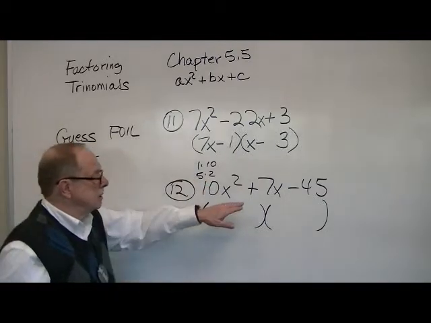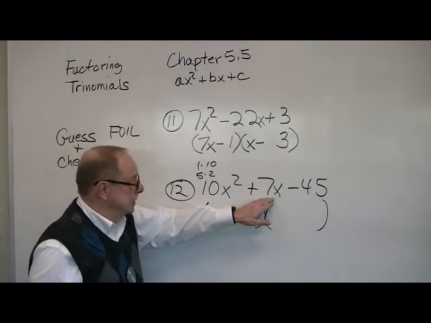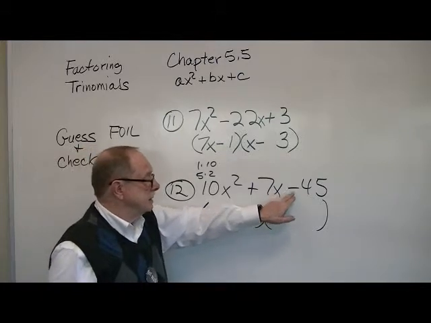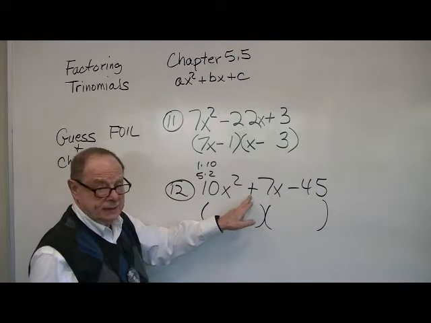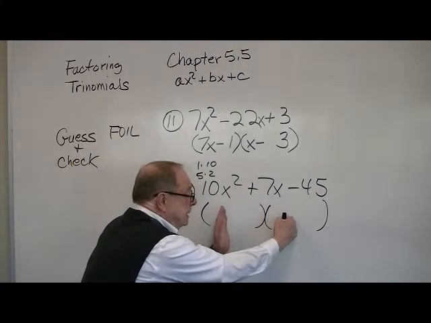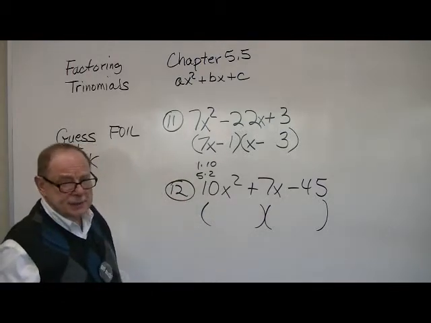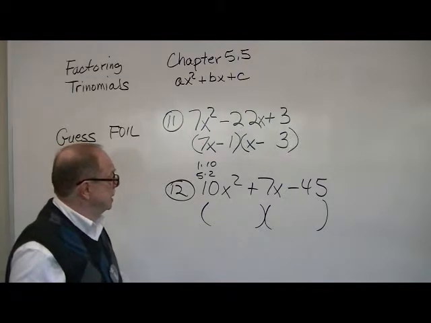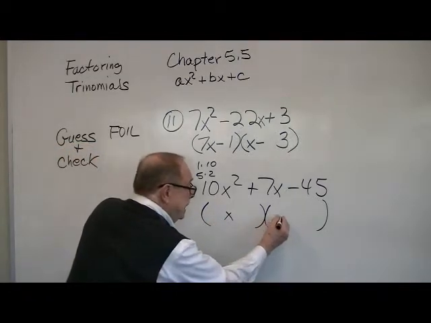Now, since our middle term is 7, and since this is negative, and this is positive, there's going to be a negative and a positive sign in here. Now, about 70% of the time, it's not going to be a 10x and an x.